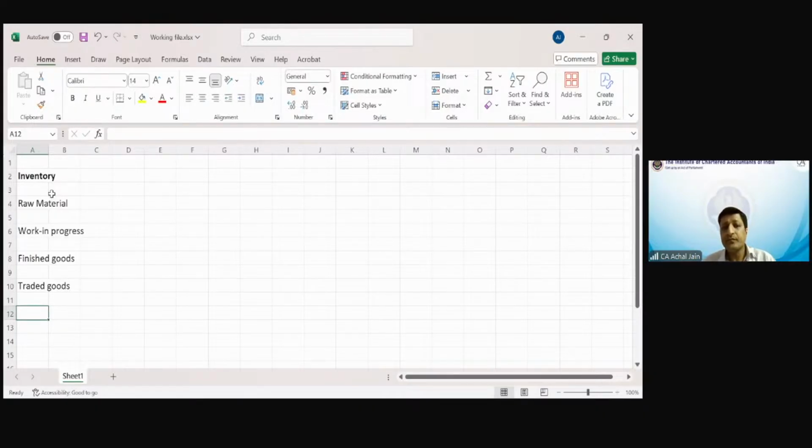Plus there could also be certain line items like stores, spares, etc. So that's what we understand about inventory as far as its breakup or nature is concerned.